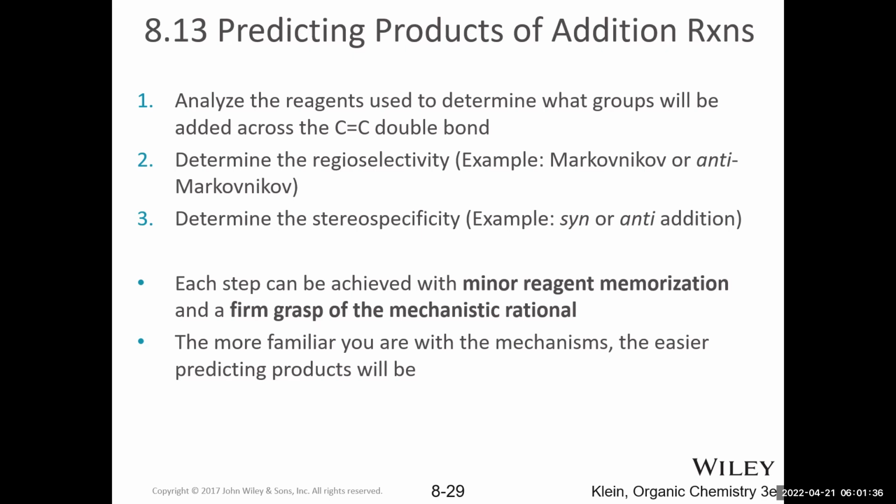And in that case, we say that the reaction is either Markovnikov or anti-Markovnikov in terms of its regioselectivity. So if the larger group goes on the more substituted carbon, then it's Markovnikov regioselective. And if it goes on the less substituted carbon, then it's anti-Markovnikov regioselective. So those are important things to note, right? If you're not adding the same group, which carbon gets which group?